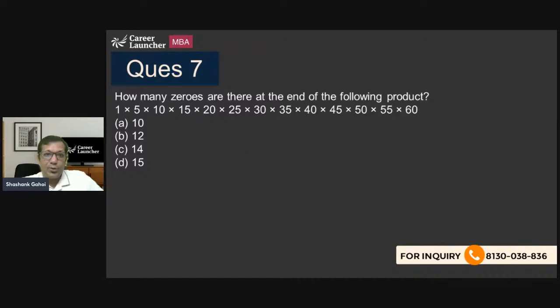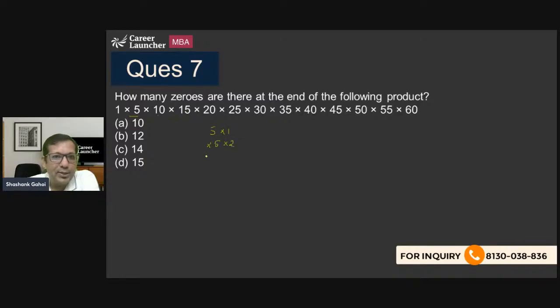How many zeros are going to be there at the end of the product? Okay. So basically this number is actually not a good number, I feel. The problem is, can we calculate it easily? So what I am going to do in this number, the first part is 5 into 1. Second number is 5 into 2.